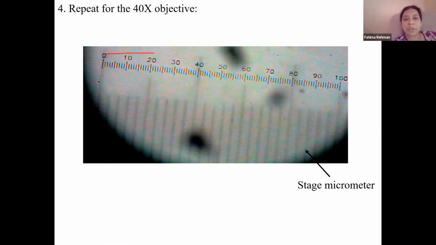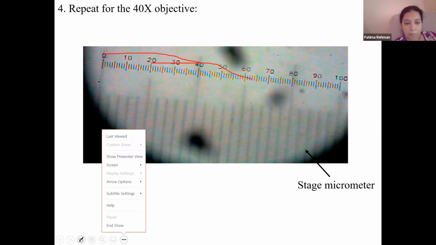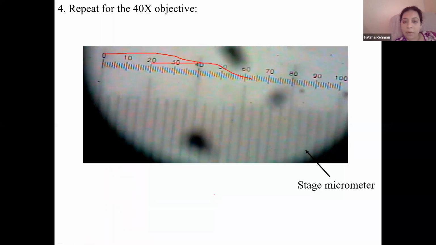That never changed, right? And this is always going to look the same no matter what magnification you're looking at.